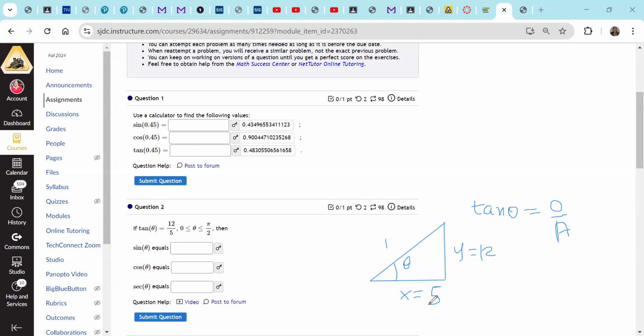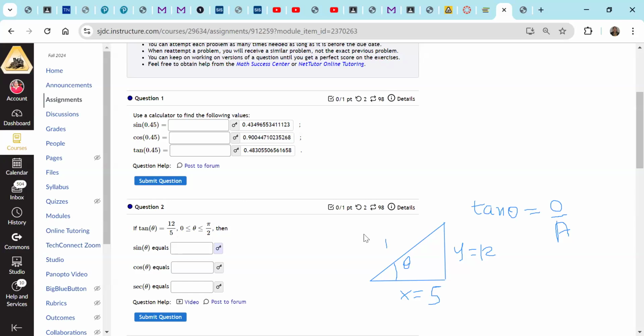Sine is opposite over hypotenuse. In this one, they didn't mention one thing: they did not mention it's a unit circle.